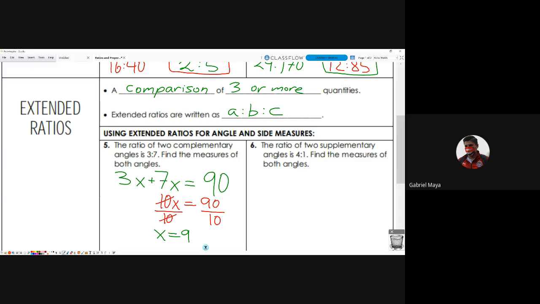Now it asks us to find the measure of both angles. Okay, well, let's use blue. I haven't used blue in a long time.